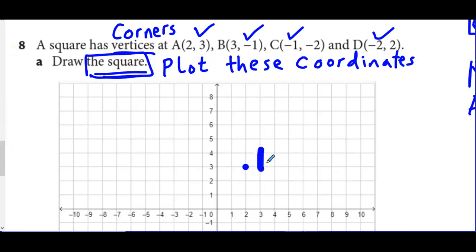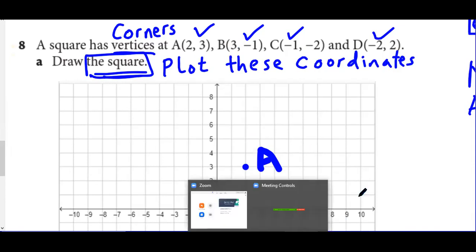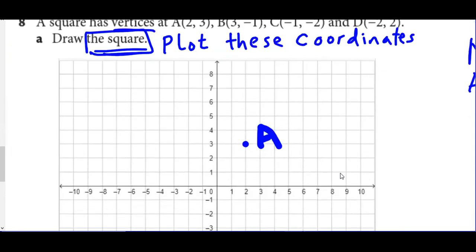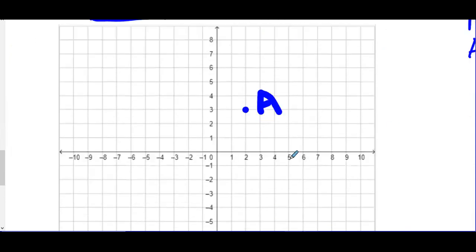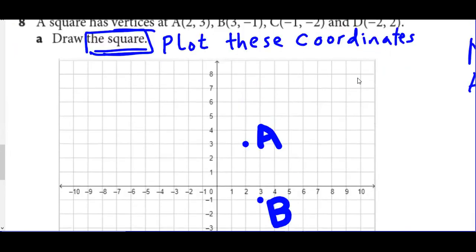How about point B? Point B is (3, -1). So 3 is here. This is your 3. This is your -1. So the point they're talking about is somewhere there, and you label that point B. See that?